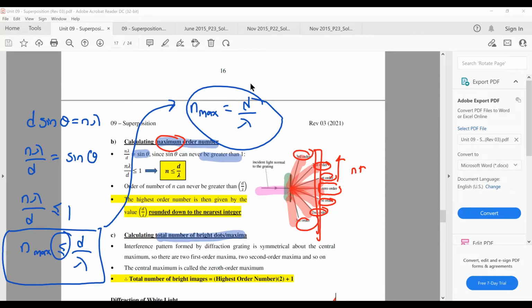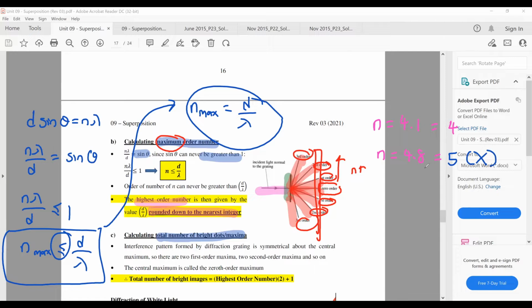Whatever value you get, this is very important: you must always round it down to the nearest integer. What do I mean by that? It could be that your n is maybe 4.1. This rounded will just be 4. But what if your n is 4.8? In normal maths, you would probably round this to 5.